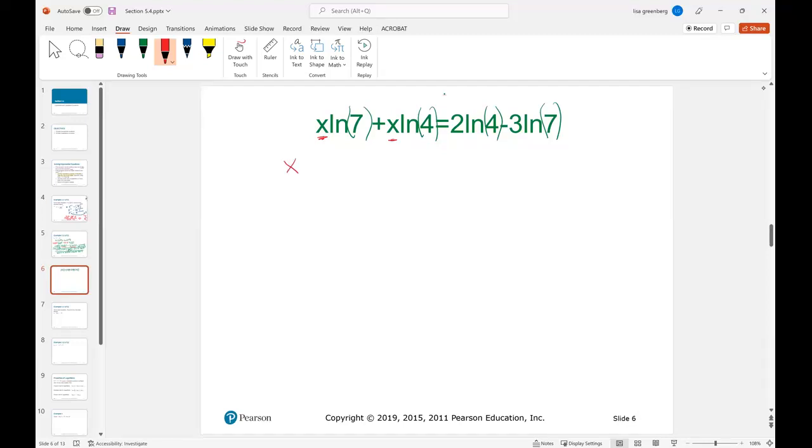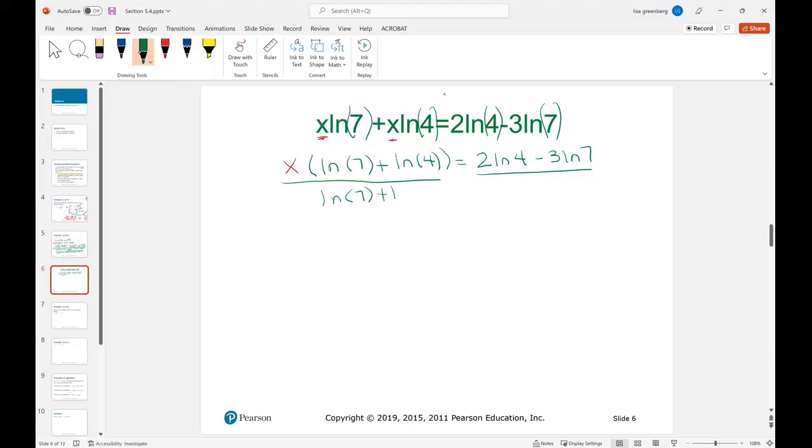And when I do, I get x times ln of 7 plus ln of 4 equals 2 ln of 4 minus 3 ln of 7. Okay. And then I can divide both sides by ln of 7 plus ln of 4, because remember, this is just a number still.